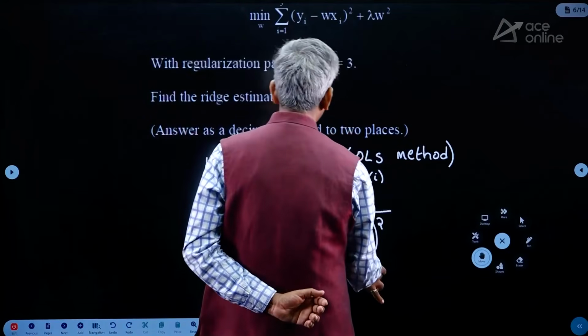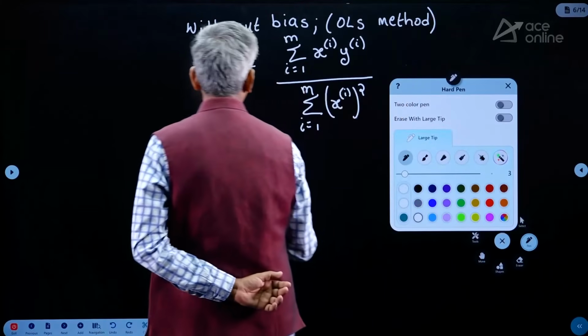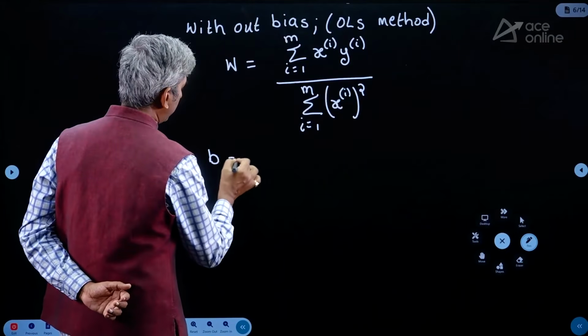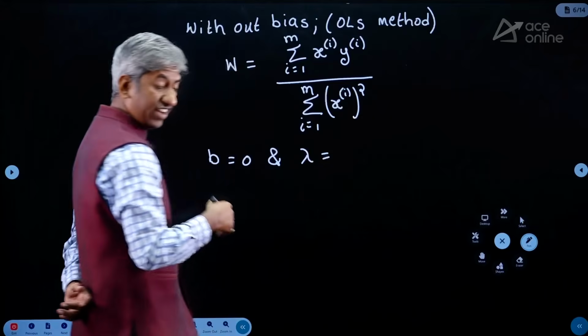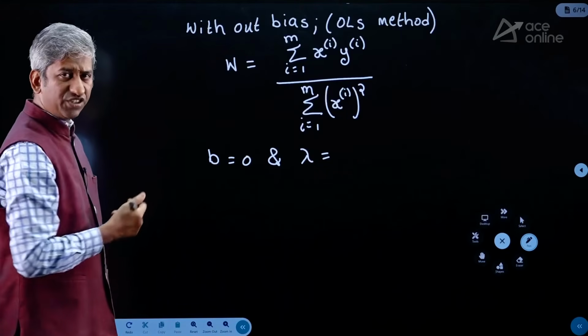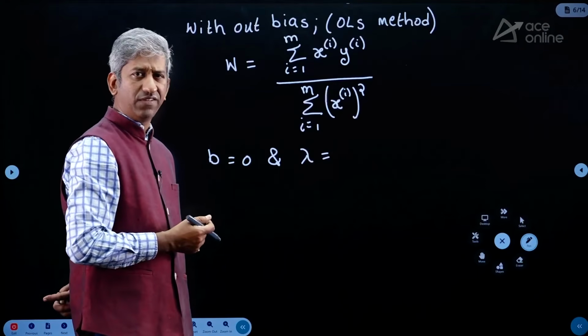Under such a case, without bias, that means b equal to 0, and with a regularization parameter, that is ridge regression. The model expression is telling you lambda w square is there.